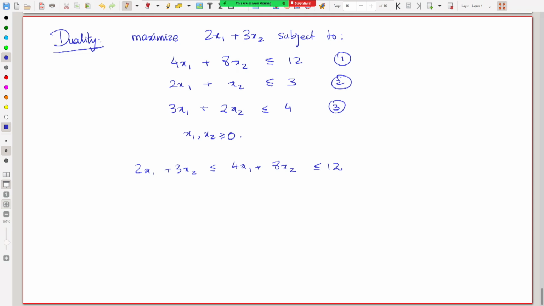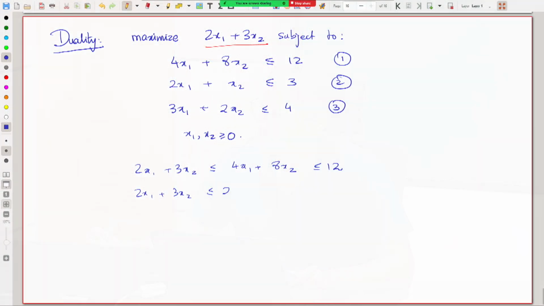So you can see here that 12 is certainly an upper bound for this optimization problem. Can we do a little better? What I am saying is that the objective function will never exceed 12.